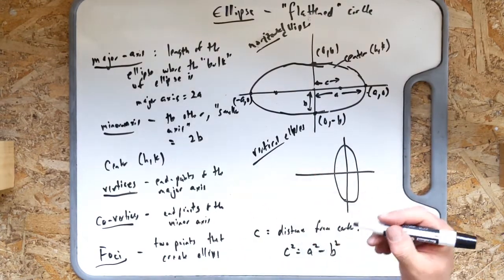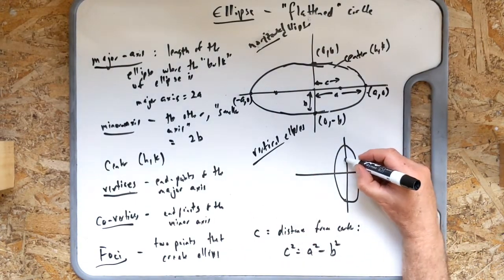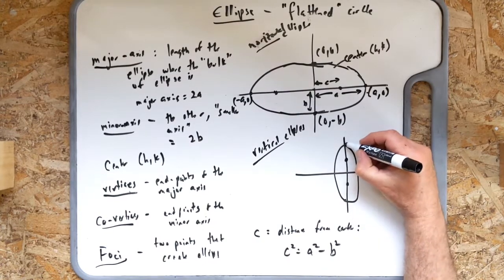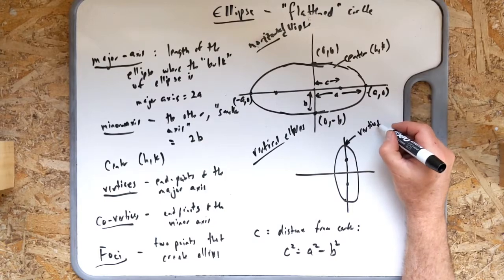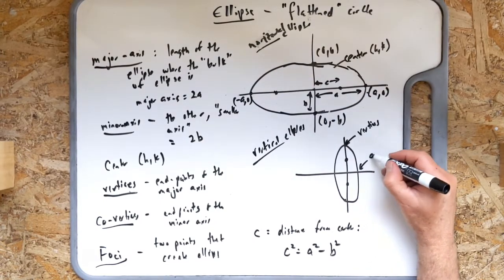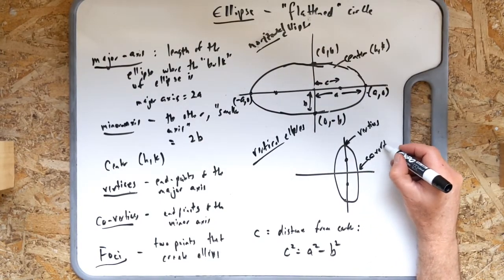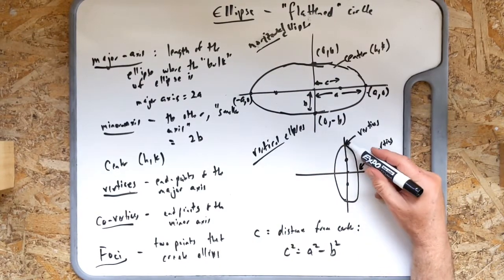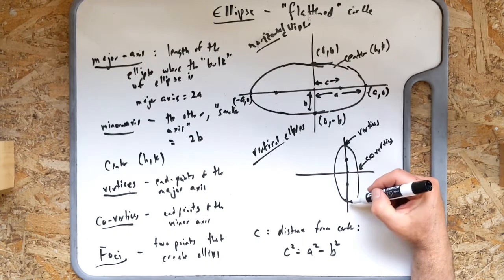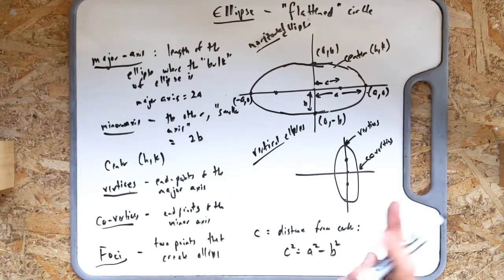If you do this for a vertical ellipse, the foci are here, the vertices are here along the y-axis, not the x-axis. The co-vertices are on the x-axis, and the foci are along the major axis again. And that is all because you just switch A and B in the equation.